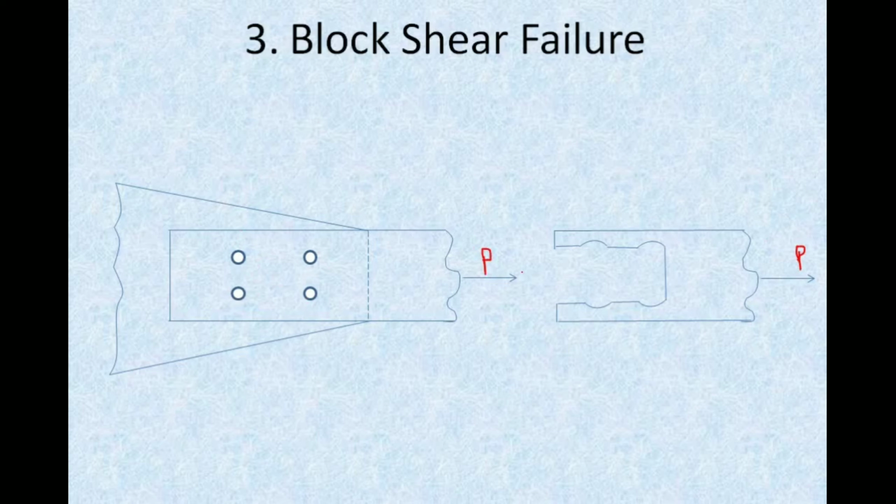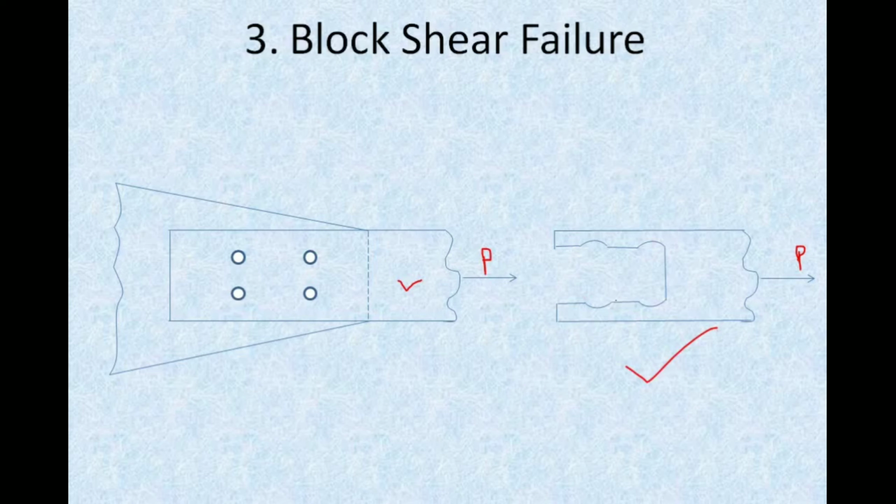Now due to this pull, what will happen? Sometimes it happens that the bolts remain here, but due to this pull on this particular member, this is going to come out as a block. This entire plate is going to come out or fail in this way. This is after the failure, it will occur in this way.